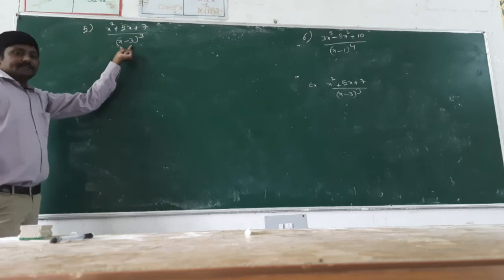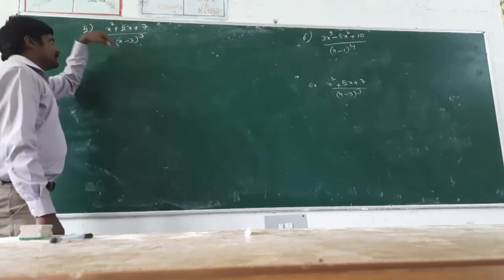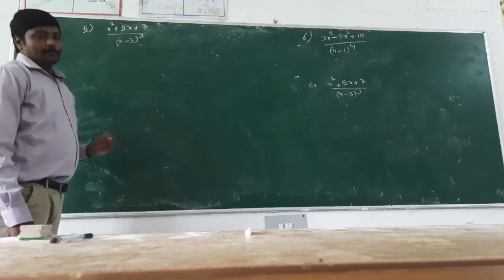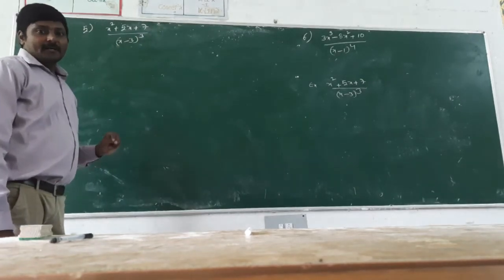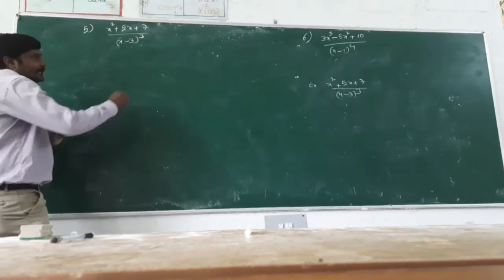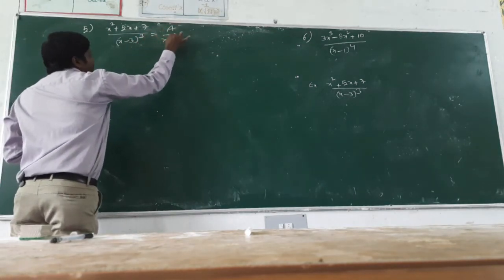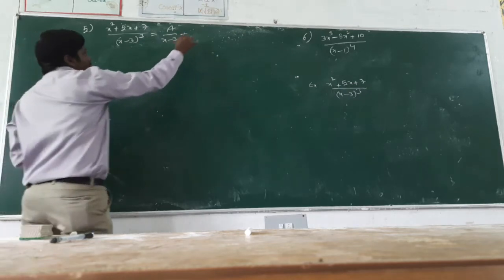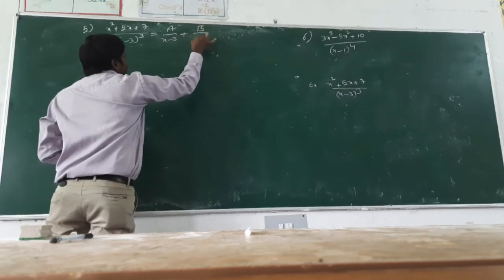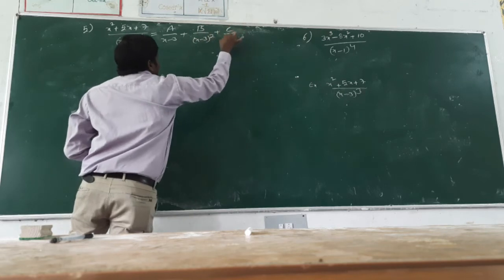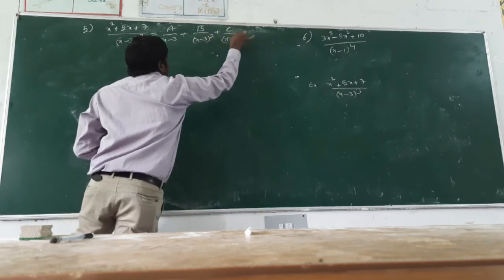The factor x minus 3 is a linear factor, but it is repeated 3 times, x minus 3 whole cube. It is a second type of partial fractions. We take a by x minus 3 plus b by x minus 3 whole square plus c by x minus 3 whole cube.